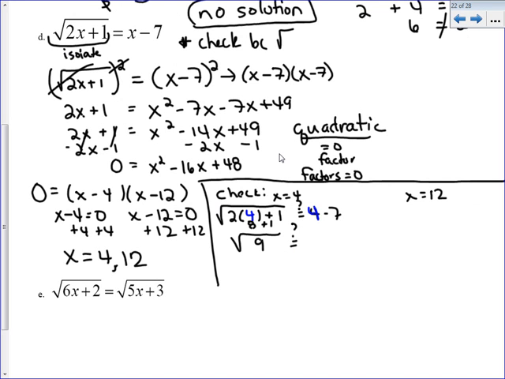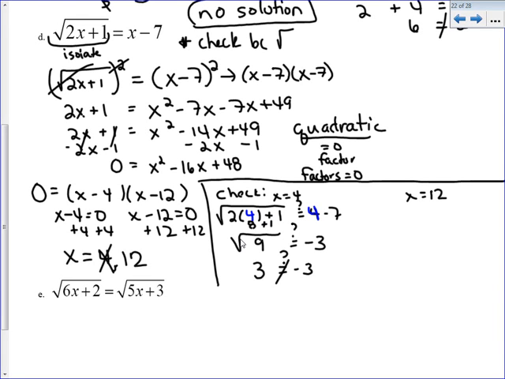I want to know, does that equal negative 3? What's the square root of 9? 3. Is 3 the same as negative 3? No. So we've got to toss out that 4.